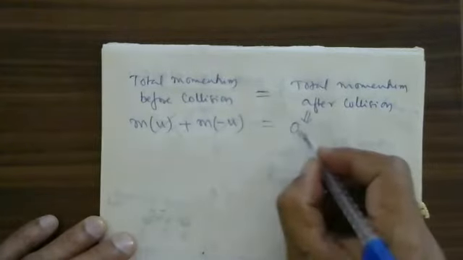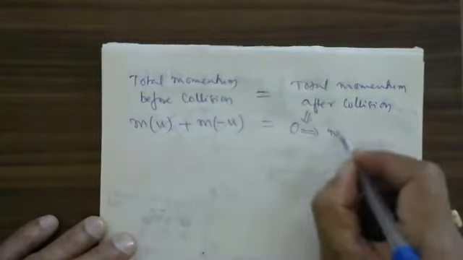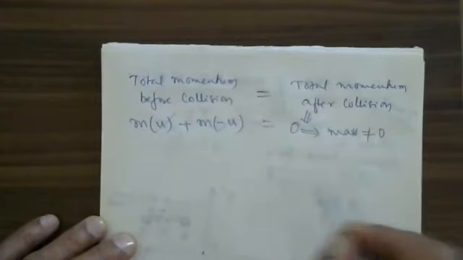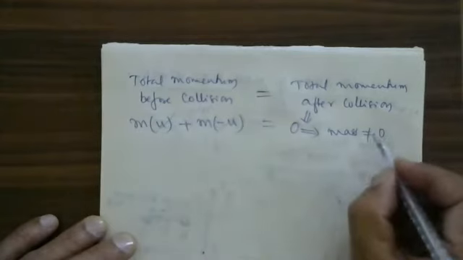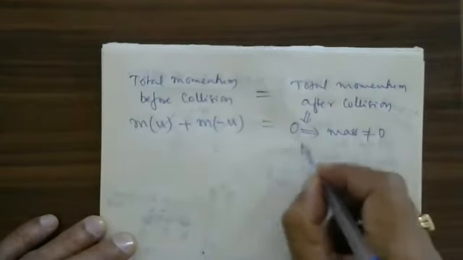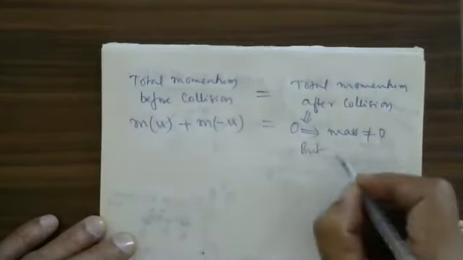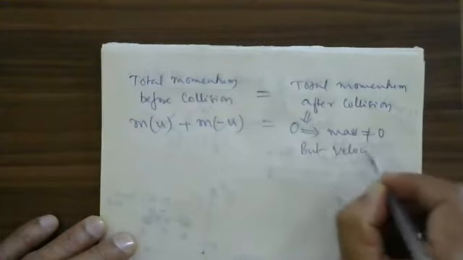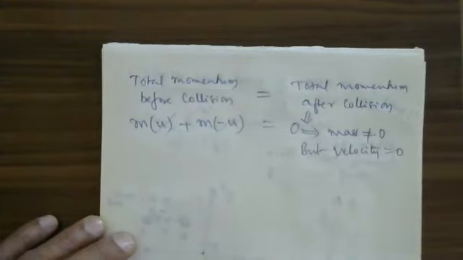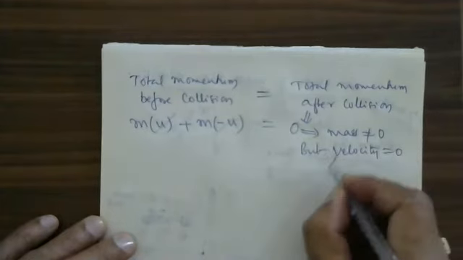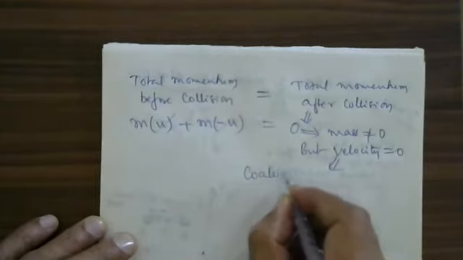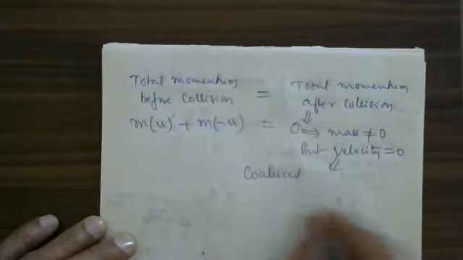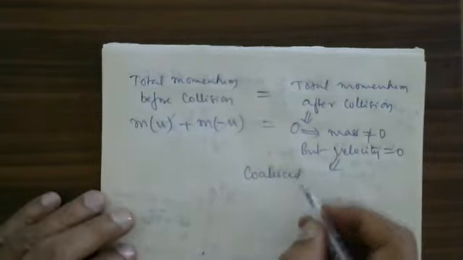If it is equal to 0, the mass cannot be equal to 0. The total mass of this cannot be equal to 0. But if mass is not equal to 0, the velocity must be equal to 0. As the velocity is equal to 0 here, coalesced means after collision they join together now.